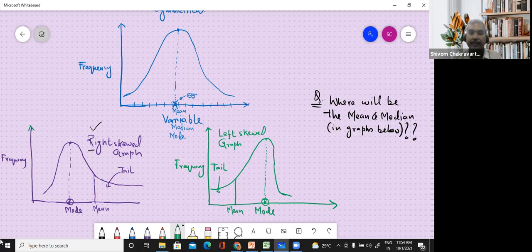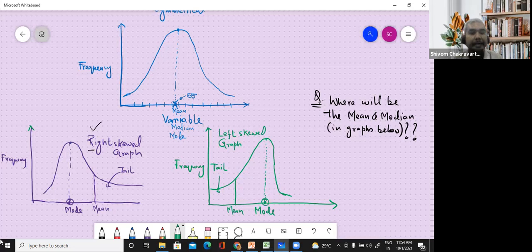So mean, which is a representation of the majority of data or the central data point, will tend to be on the left side because there are more data points there. So that is the logic. Mean will be towards the left of the mode in left skewed data, and towards the right of the mode in right skewed data.